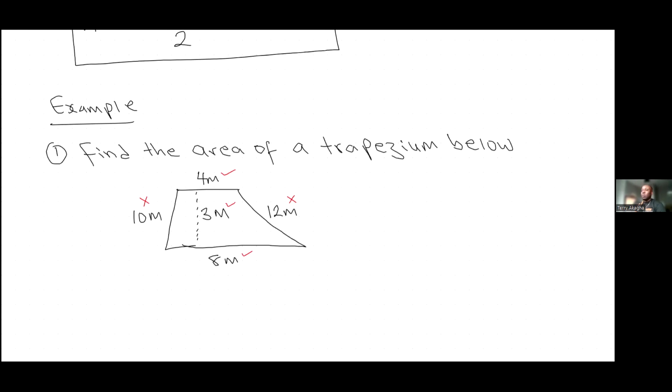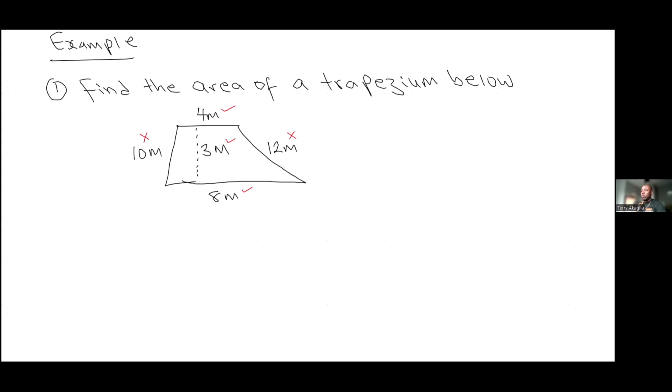We know that the area is equal to 1 over 2 multiplied by the sum of both parallel sides multiplied by the height. So that'll be equal to 1 over 2 times the sum of 4 plus 8, multiplied by 3.